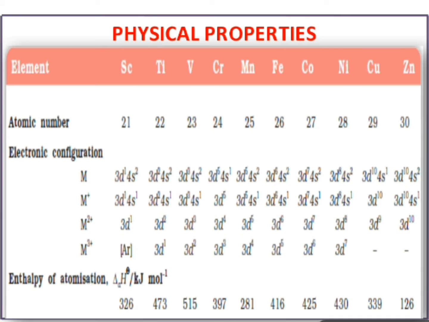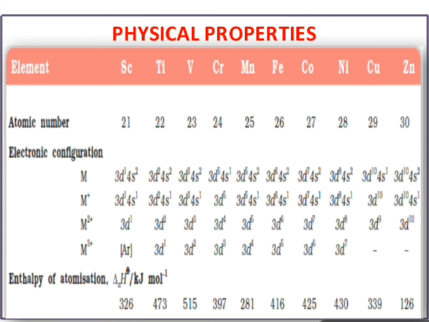So in enthalpy of atomization, what is enthalpy of atomization? Let me tell you first. Enthalpy of atomization means the energy required to separate the atoms from their solid state.